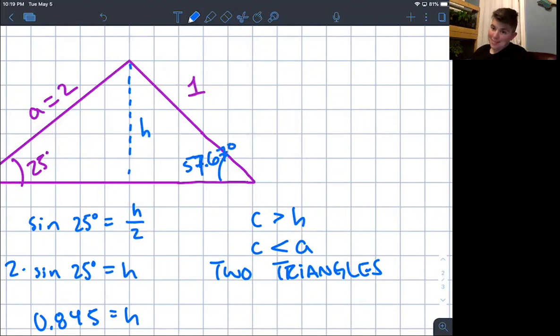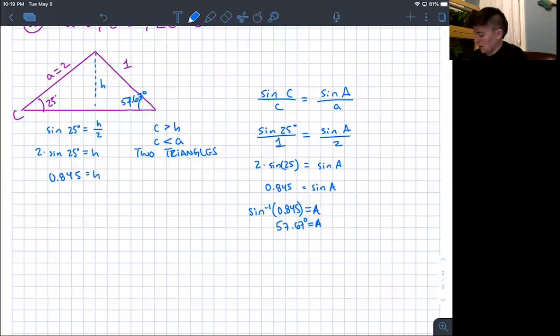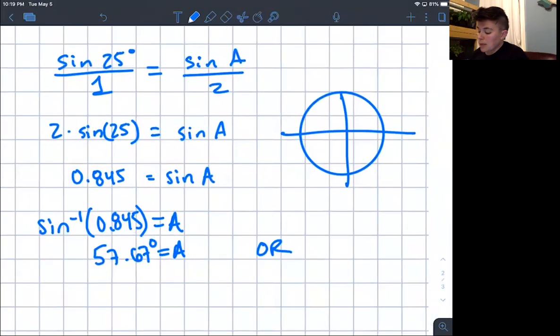Now remember, we have 2 possible triangles, so that is just one possible angle for angle A. There is going to be another one. So let's make sure and draw both of them. This is what I talked about in my last video, so I'm going to show you real quick. The sine of angle A is 0.845.